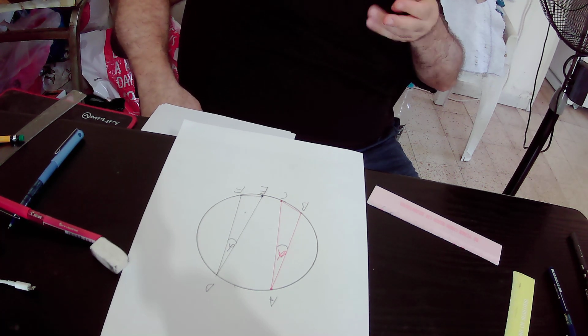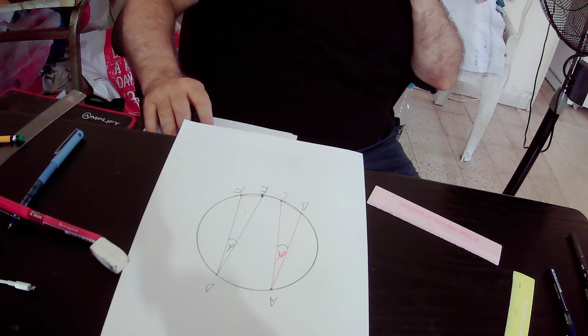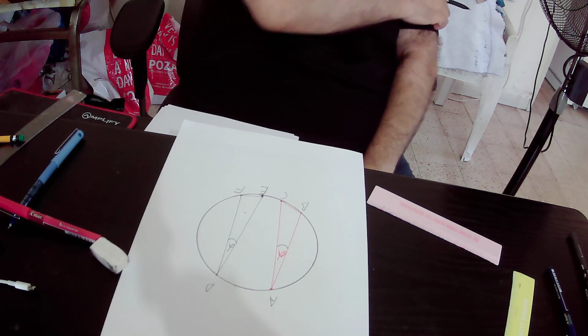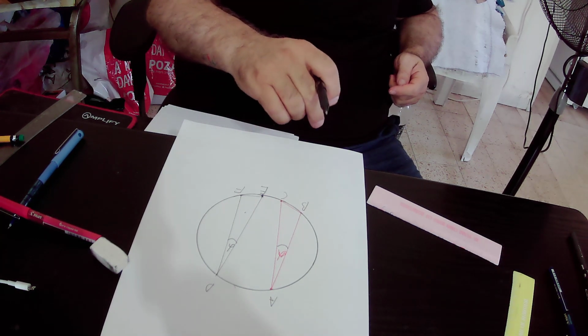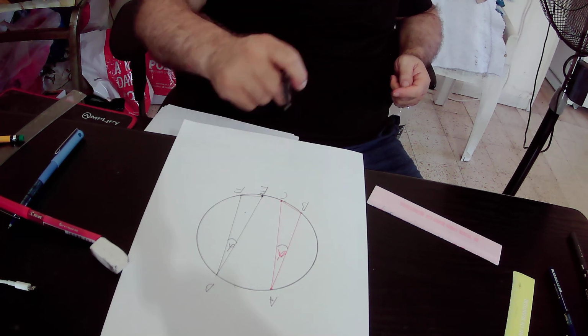So, because those two peripheral angles are equal to each other, they rest on equal chords. That is to say, BC equals EF.